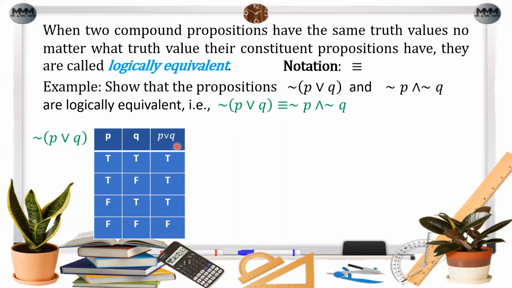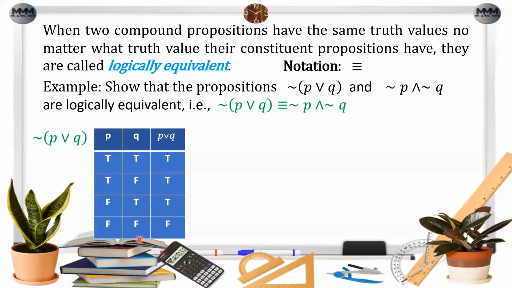If there is at least one T in the proposition P or Q, then the truth value of this compound proposition is true. Follow? So we have here one T, so we have T here. One T, we have T here.